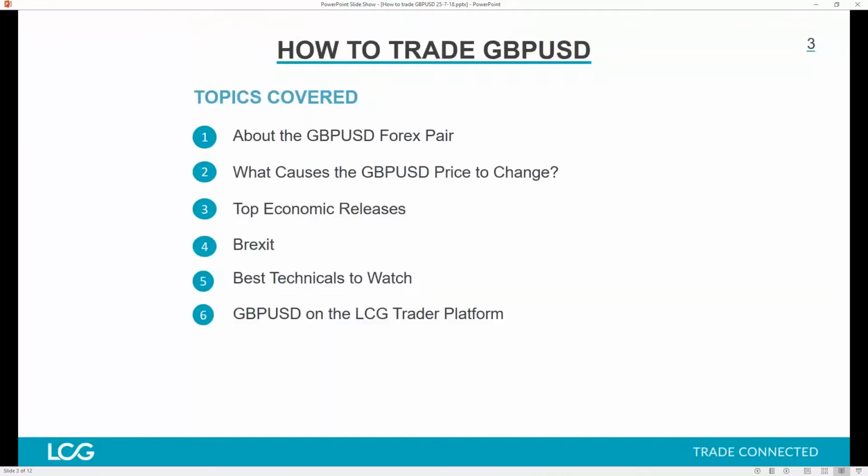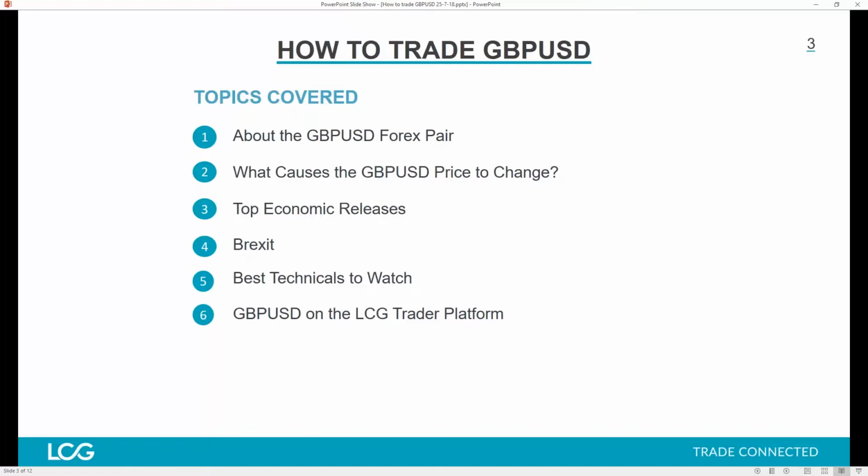So the topics covered today are just a little bit about the currency pair, how it works, why it's popular, and a little bit about the history of it, nothing too in depth, but to give you a bit of a feel for things. Then what causes the British pound against the dollar price to change, and the top economic releases.